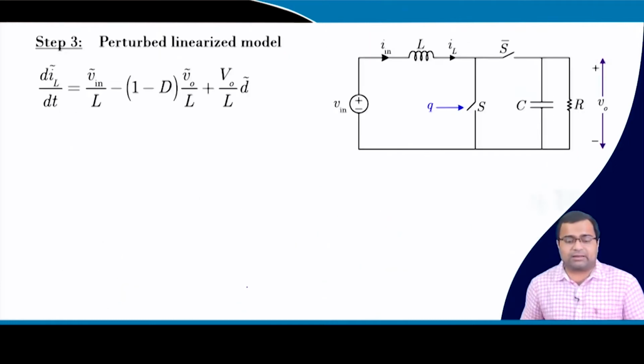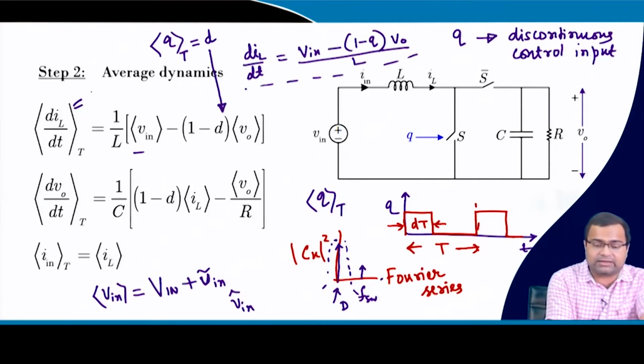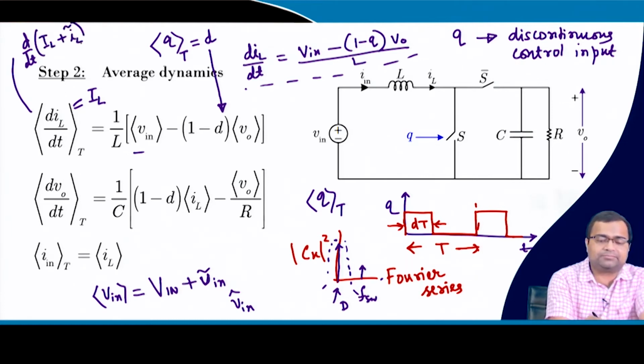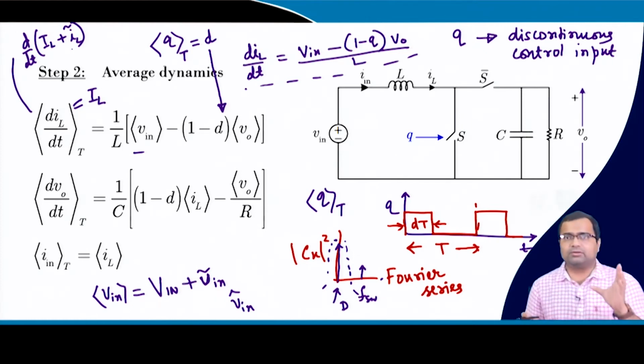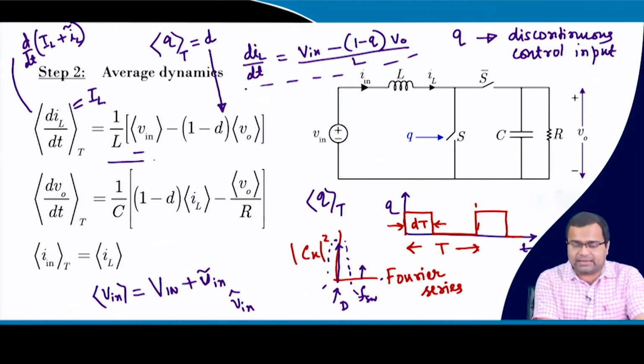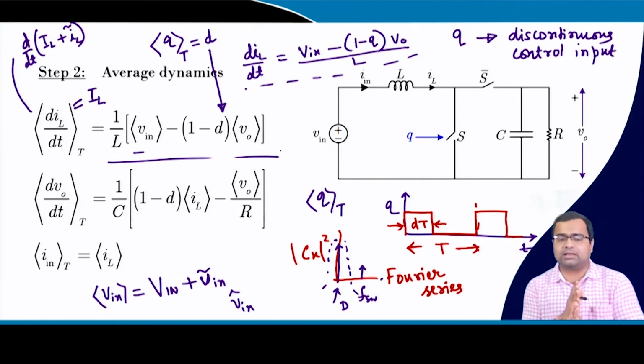So, if we replace this average inductor current by d/dt of IL plus IL tilde, then the derivative of the steady state quantity will be 0 and the derivative of the perturbed quantity will be considered. Similarly, from the right hand side we will get a DC quantity and then a perturbed quantity, and there will be a product of perturbed quantities which we will ignore.